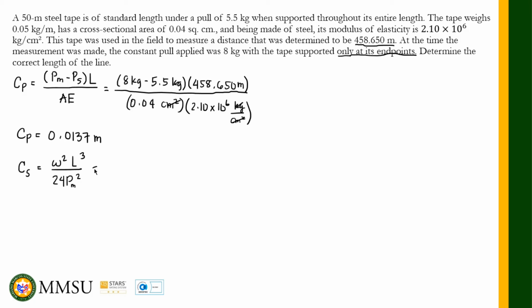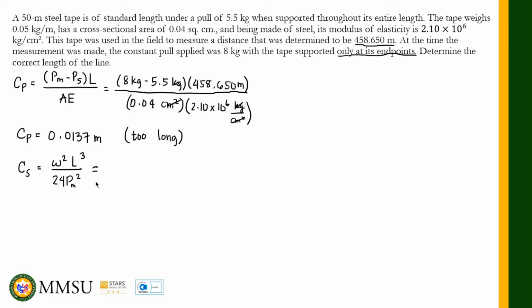So let's go back to the correction due to pull. This is too long, right? Because it is positive, which means the pull is greater than the standard pull. Remember that the correction due to sag is always negative.